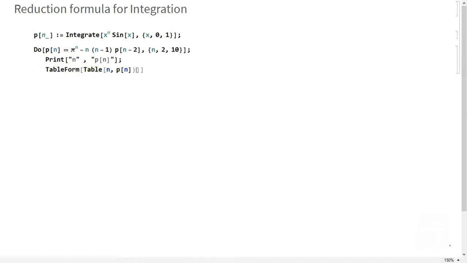But here I'm giving braces as well, because on this side I want to show for how many iterations. So I put again n comma 2 comma 10. So we are done, and let's run this.